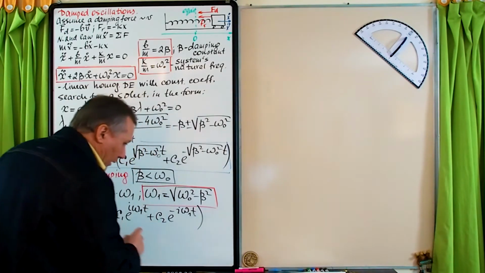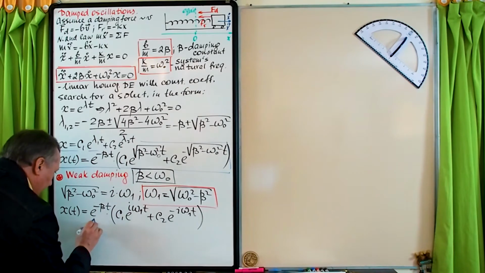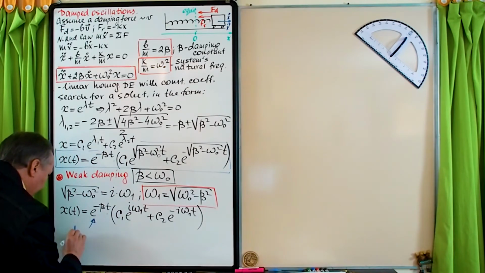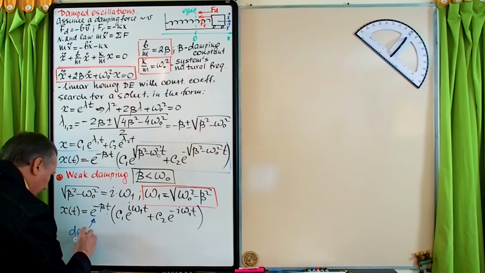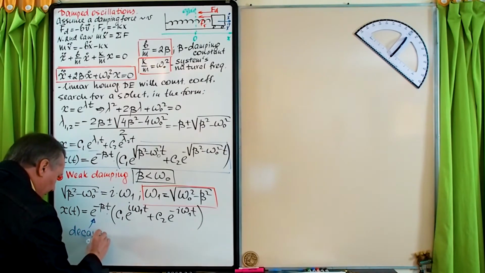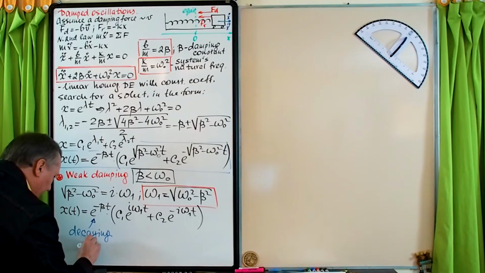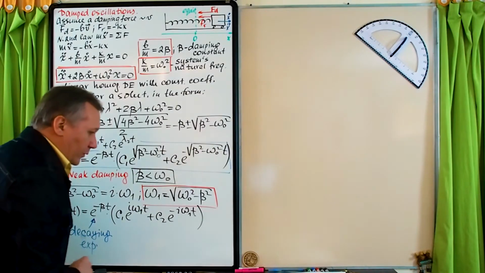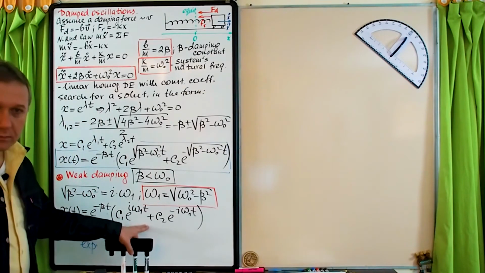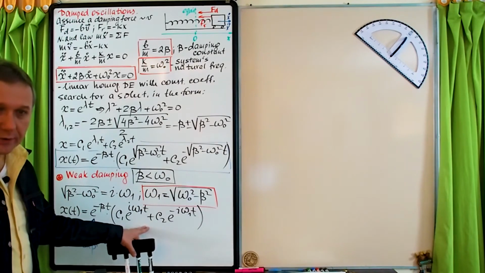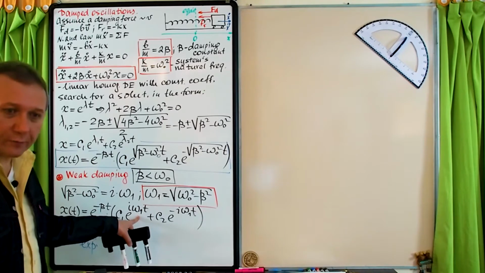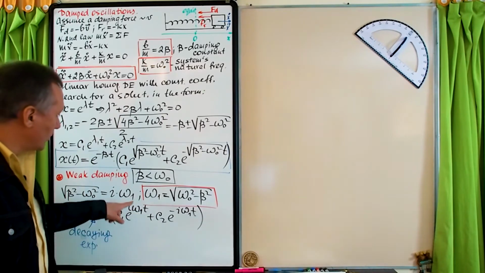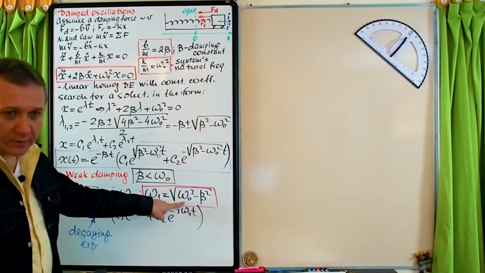So this is a decaying exponential, right? And of course, this is undamped oscillations, but with a different frequency, with the frequency omega 1, which is smaller than the frequency omega naught.